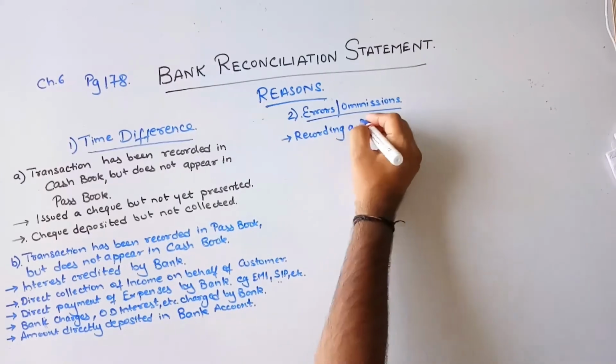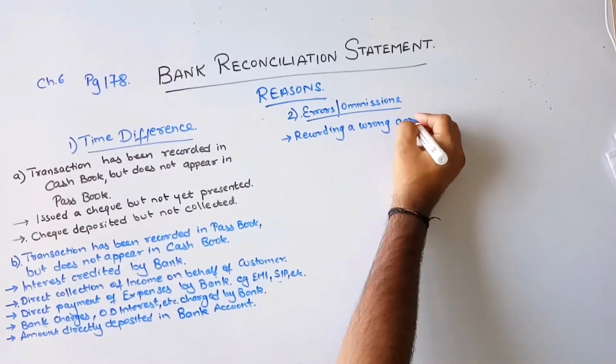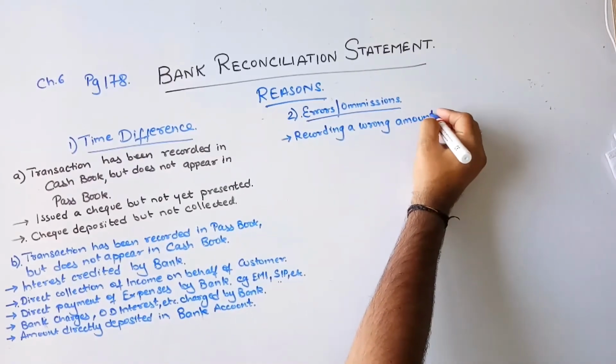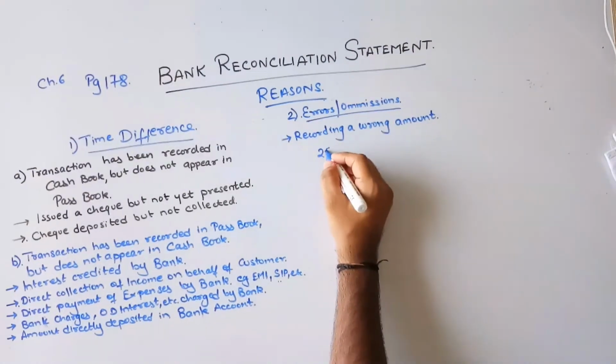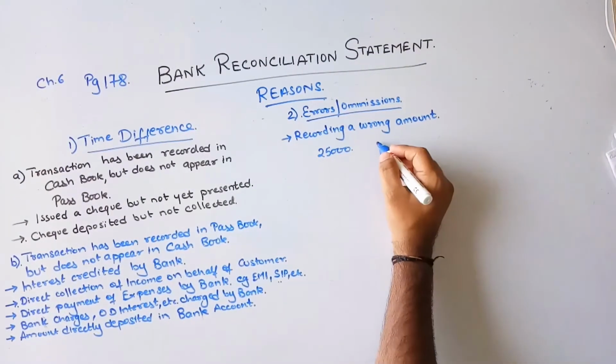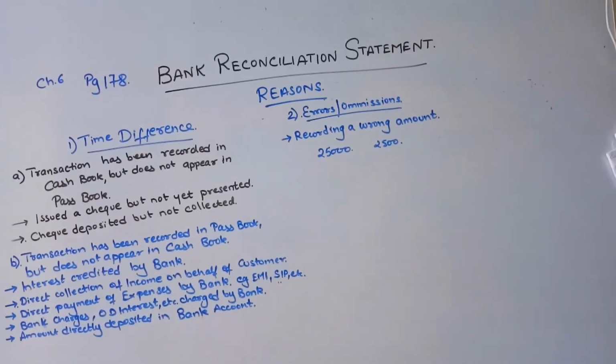Let's say you received a check of rupees 25,000, but in your cash book you recorded the check as 2,500 only. This is a recording of wrong amount. This is an error. Or else let's say the bank had actually received an auto debit of 40,000, but the bank debited only 4,000 from the account. That is known as recording a wrong amount.